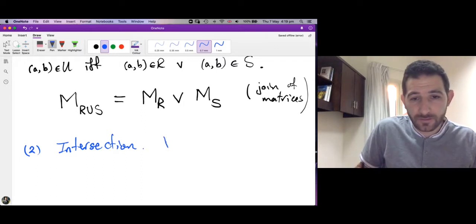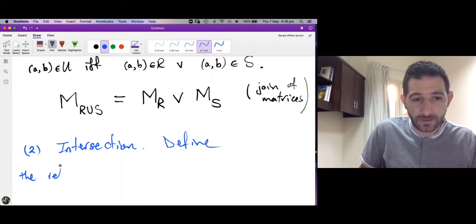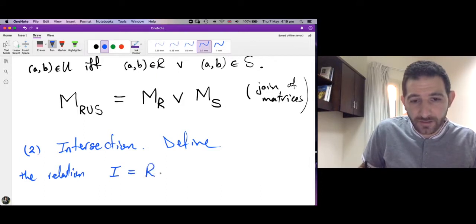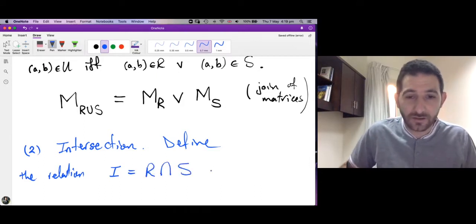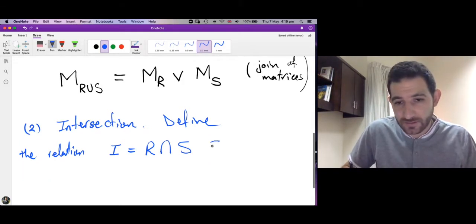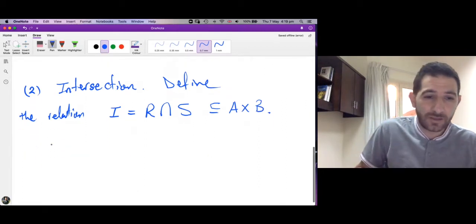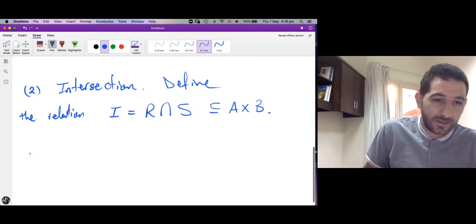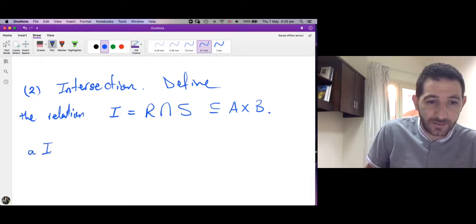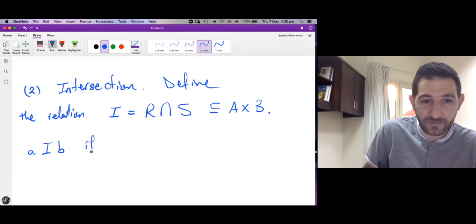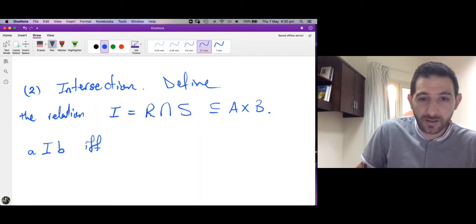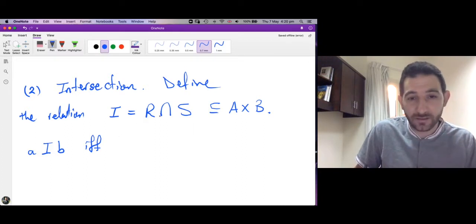We define the relation I by saying that I is the intersection of the two relations, R intersection S. Notice this is a subset of A cross B because R and S are subsets of A cross B. An element a is related by the relation I to an element b if and only if the pair is in R and in S.